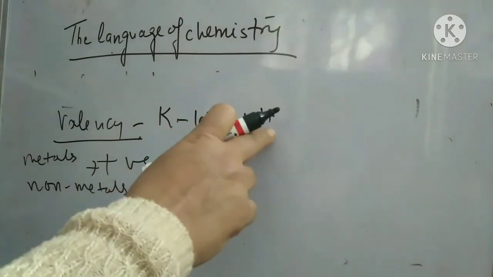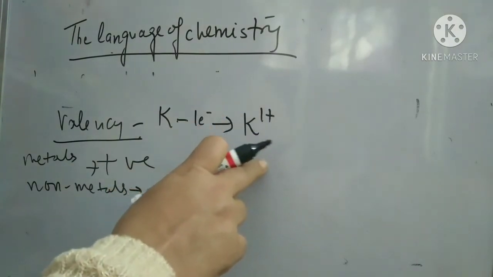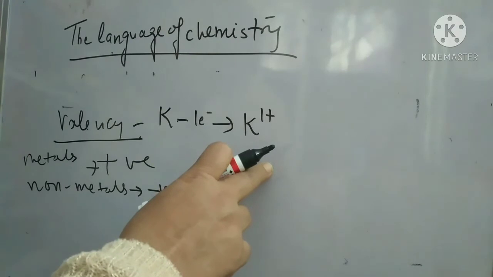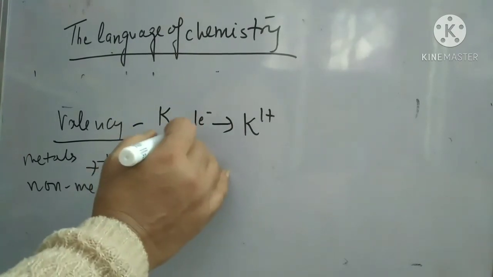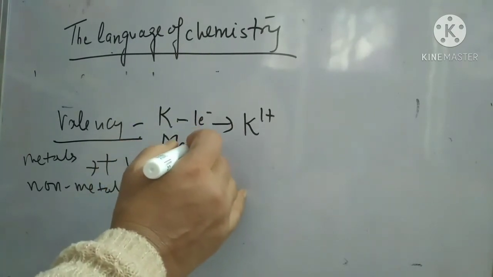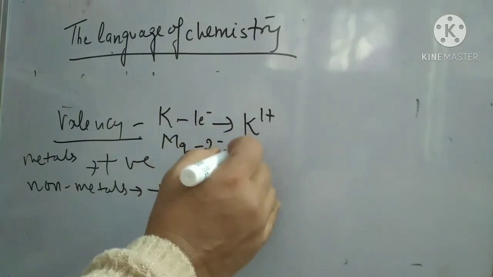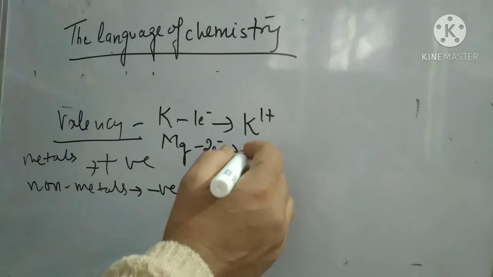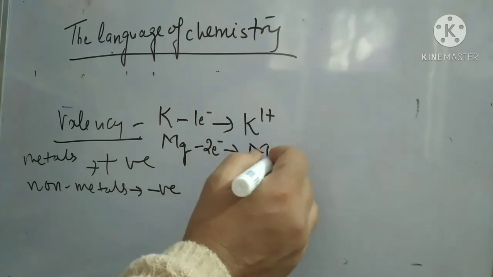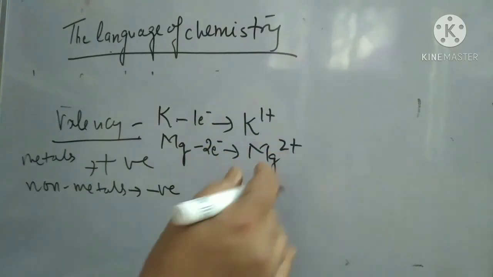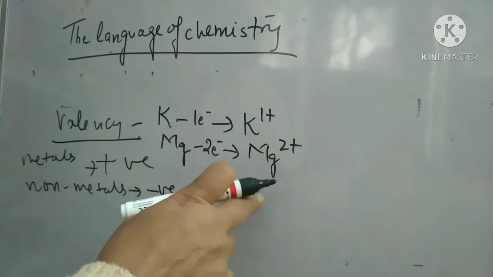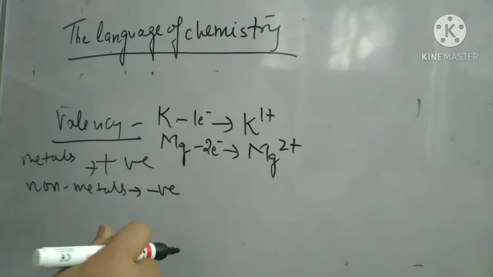And its valency is 1, so they are known as univalent. Now for magnesium, it is having 2 more electrons in its outermost shell, so it is having the valency 2 plus, that we call as divalent elements.